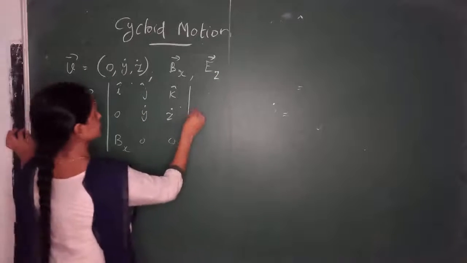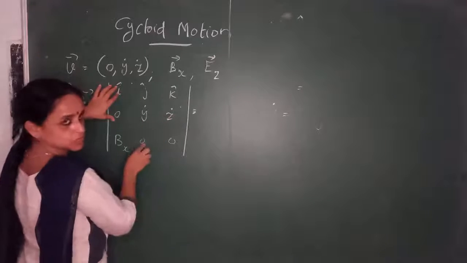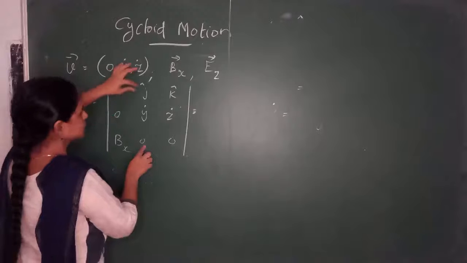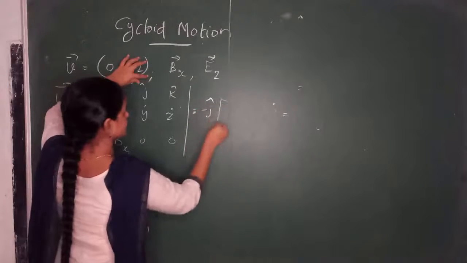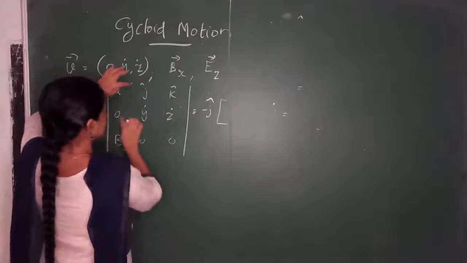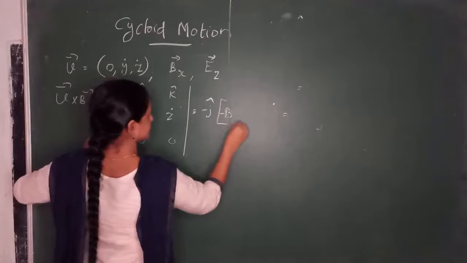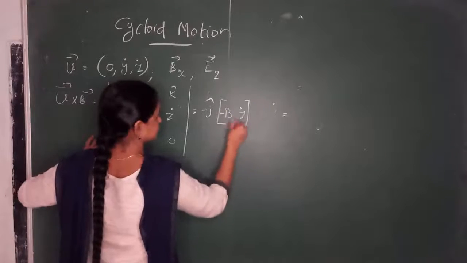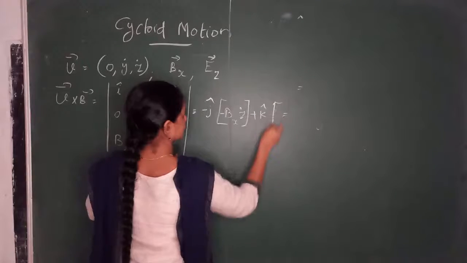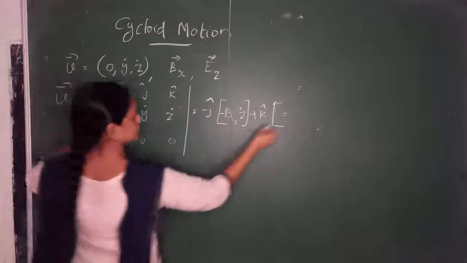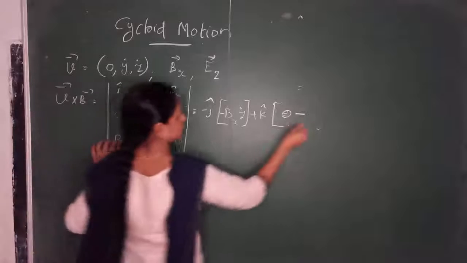So what is this quantity? This is nothing but i into this, this goes to 0, that is 0 minus 0. Then j cap into minus j cap into this into this 0, so minus Bx z dot. Then the third term is plus k cap into this 0 minus Bx into y dot.